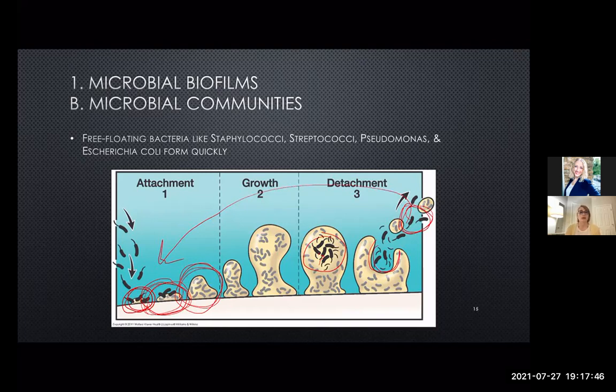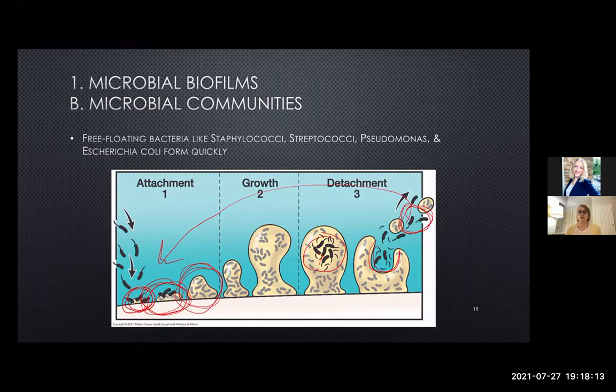So the free-floating bacteria, so we have Staphylococci, so staph, strep, Pseudomonas, and Escherichia coli. So staph, like a staph infection, strep, like strep throat or strep mutans. We have the Pseudomonas, and then E. coli. E. coli is usually a foodborne illness that can make people really sick.